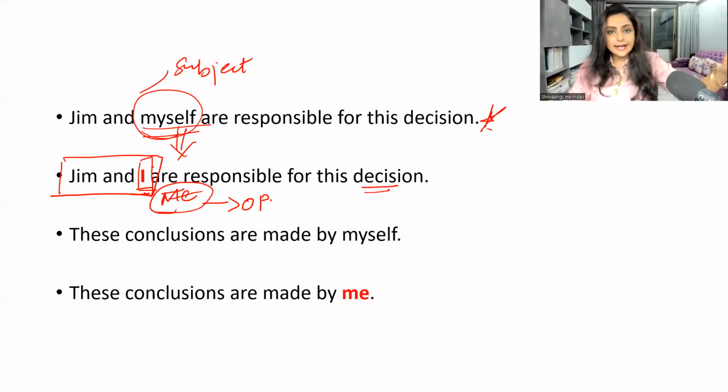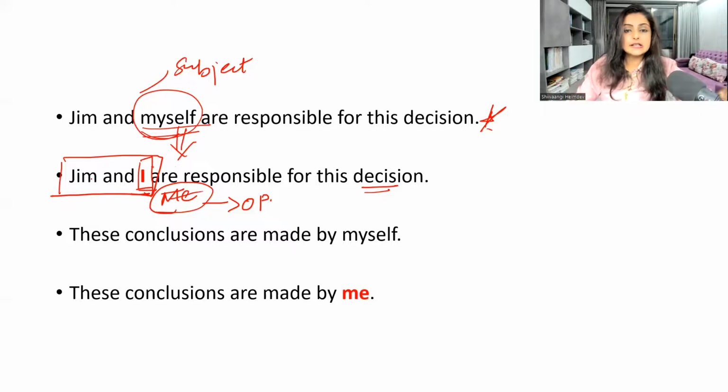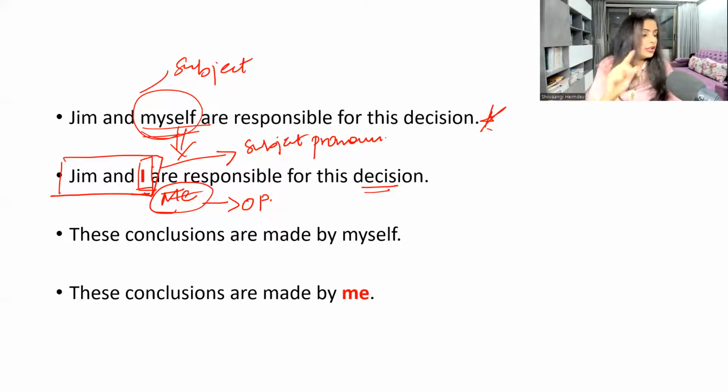They are performing the action. So if you're talking about the subject, it is important that you make use of subject pronouns, friends. So Jim and I are responsible for this decision is absolutely correct. Not Jim and myself, not Jim and me, etc.